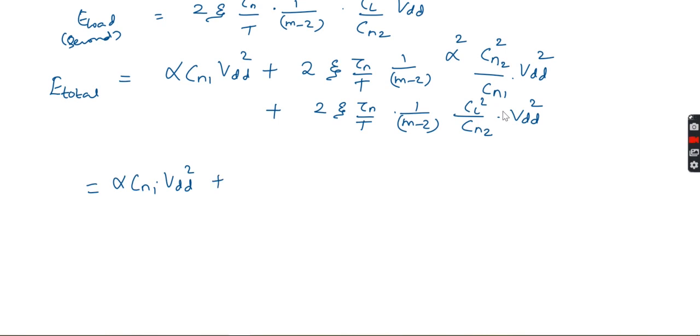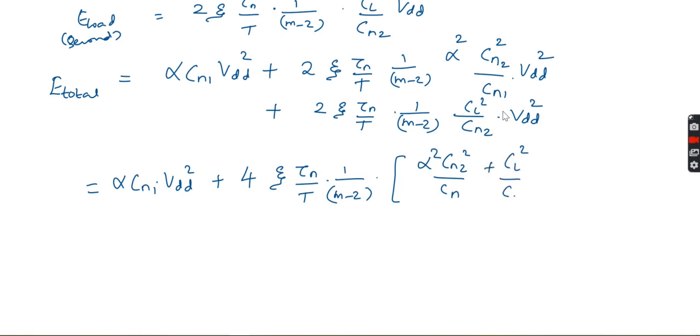Then this will become 2 plus 2, 4 actually. 4 psi tau 1 by t into 1 by m minus 2 into alpha square Cn2 square by Cn1 plus Cn square by Cn2 into VDD square. You can consider the expression in this way.